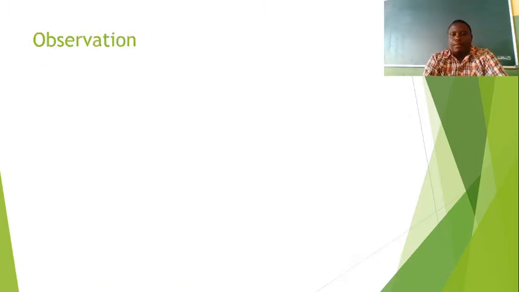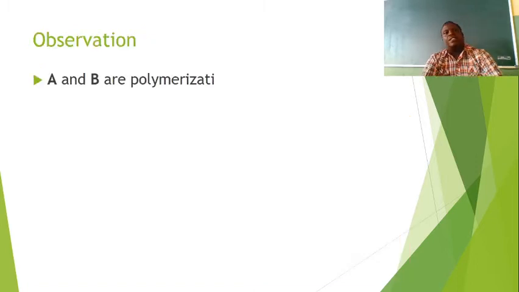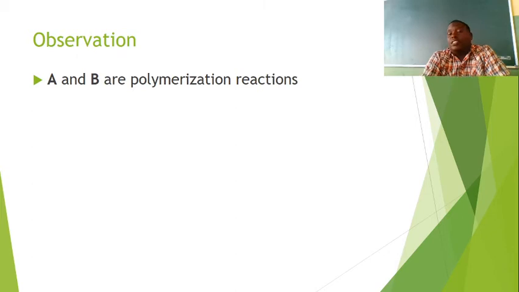My observation is that A and B are polymerization reactions because all of them combine two monomers together. Some are common, others are different, but this cannot stop them from being polymers. The product that they have formed is polymers. It means that the reaction is a polymerization reaction.